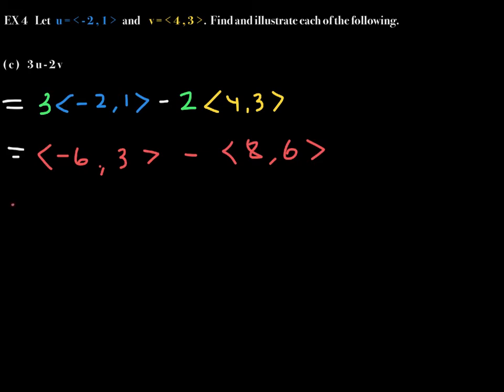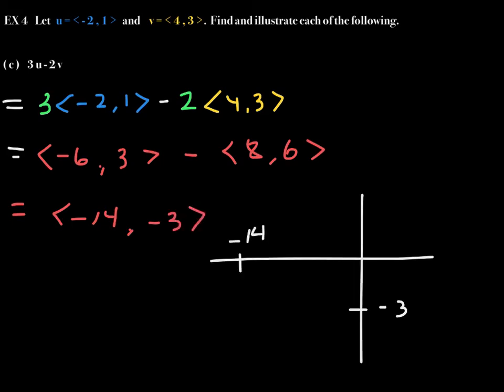Now when I add like components, I get negative 6 minus 8, excuse me, negative 14, and then 3 minus 6, which is negative 3. This vector 3u minus 2v will be a position vector, with the initial point at the origin and the terminal point at the ordered pair negative 14, negative 3, which we all know is quadrant 3. So this would be the illustration of 3u minus 2v.